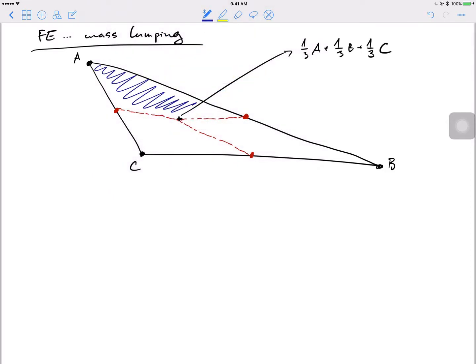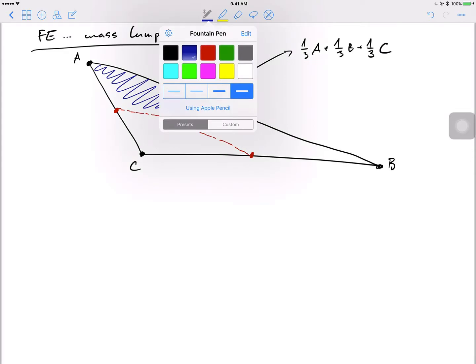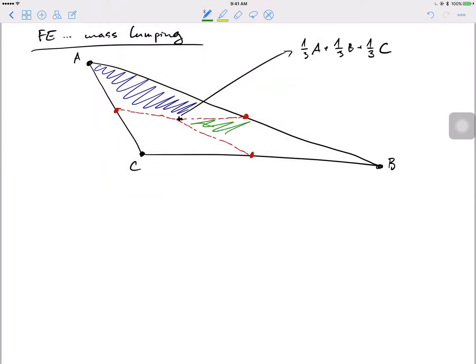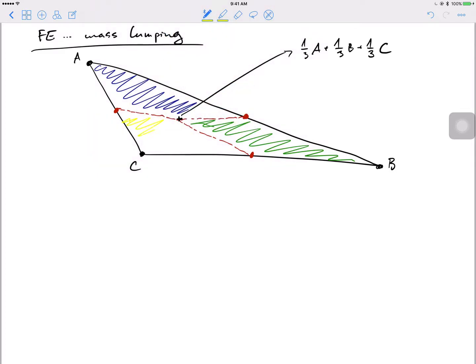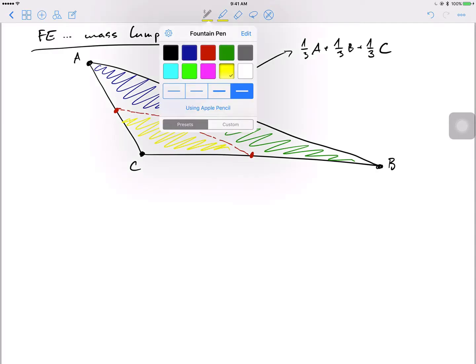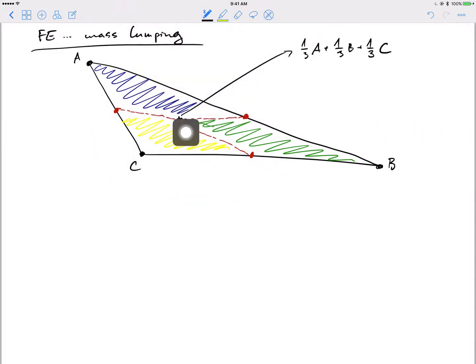So the area of this piece will be the same as the area of this piece, and the same as the area of this piece. That's because we pick this to be the barycenter, and those are the edge midpoints.